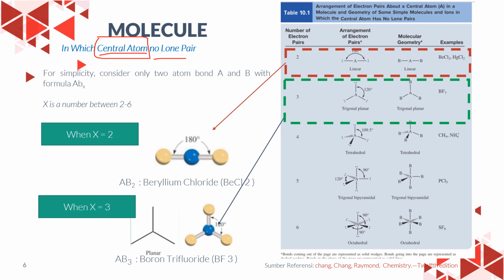So basically, you have to understand the geometry of any central atom that doesn't have a lone pair. We can write a simple formula, for example AB_X, where A is the central atom, B is the atom bonded to the central atom, and X is an integer from 2 to 6.